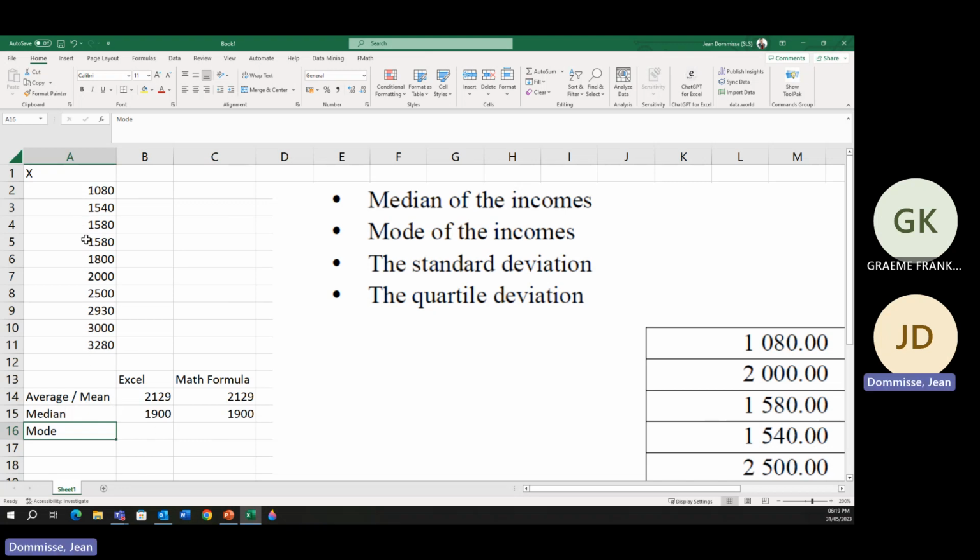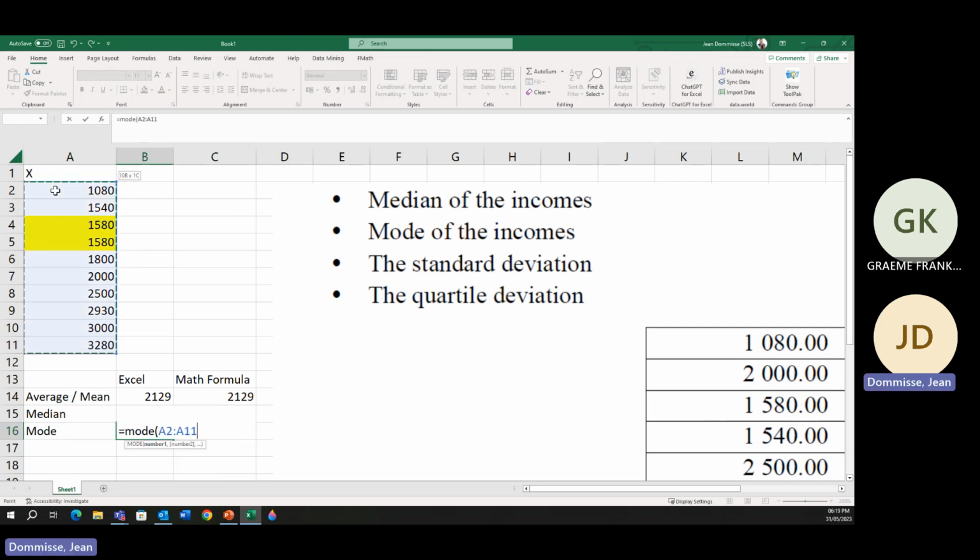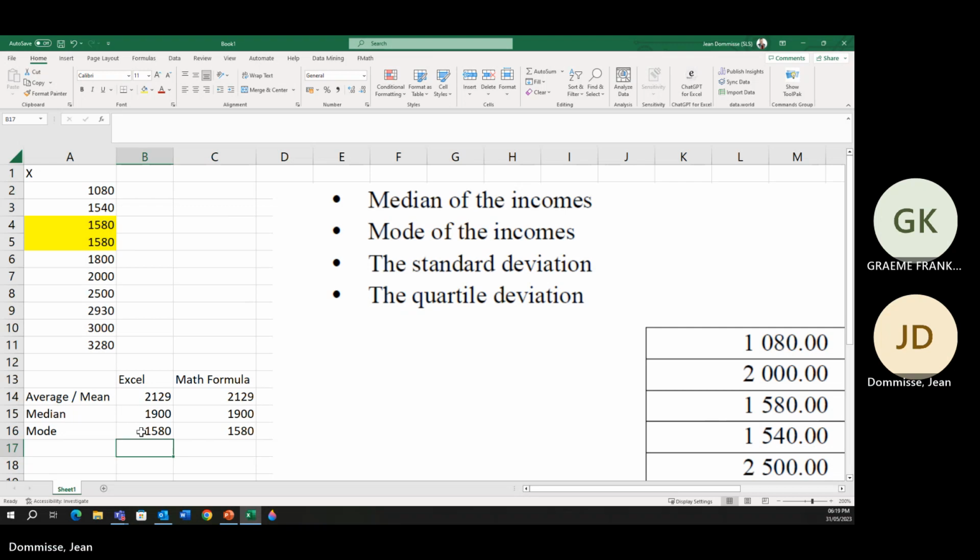If you look at this data set, there is a number that appears twice. There's no math formula for it; we would just say that was the number that appeared twice. But there is a mode function in Excel that would have given you the same answer.